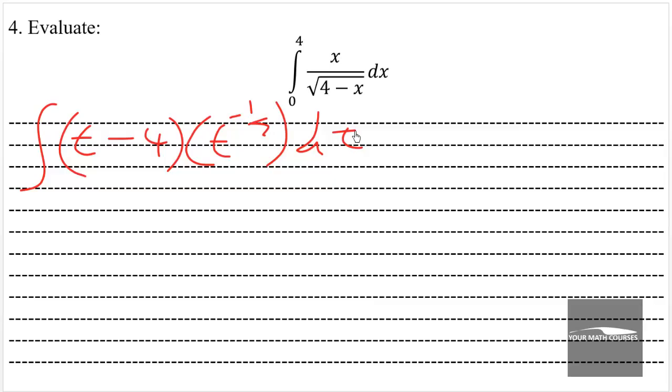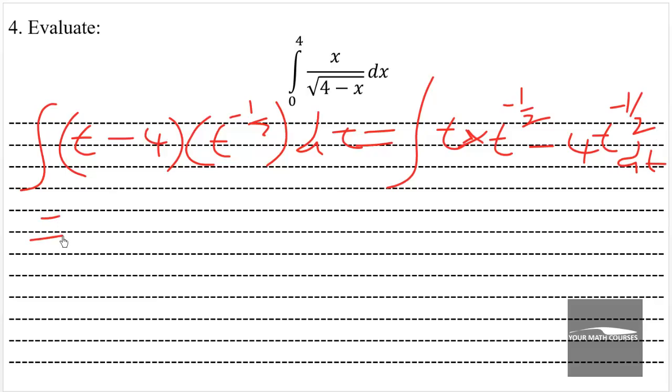So we can expand now and we apply the rules of exponent, the laws of indices. So we have integral of t times t exponent negative half, then we have minus 4 t exponent negative half dt.